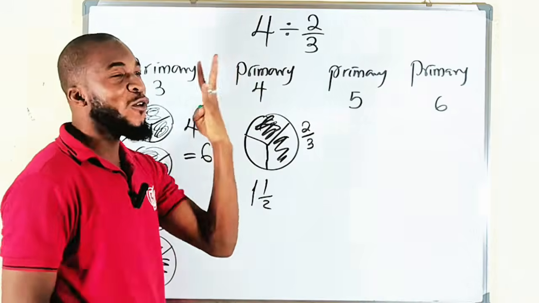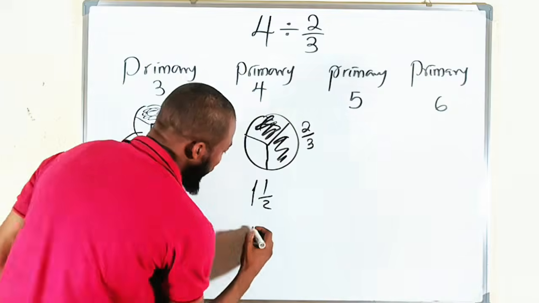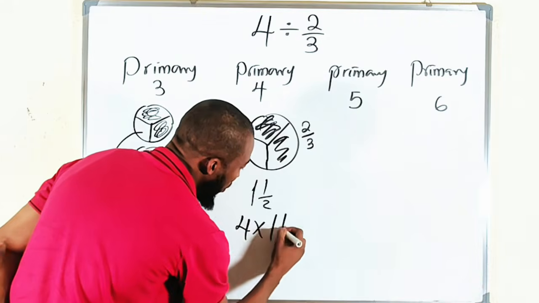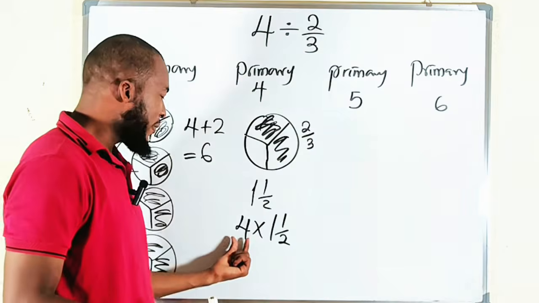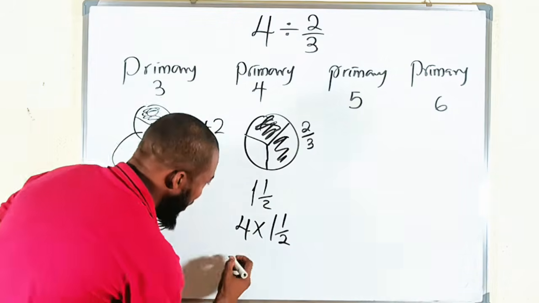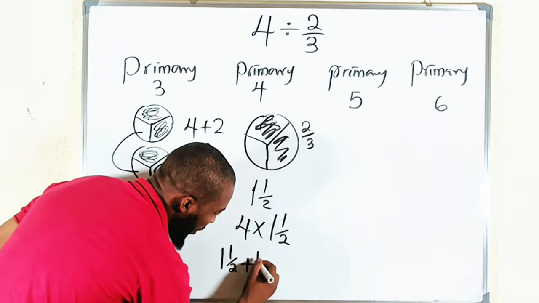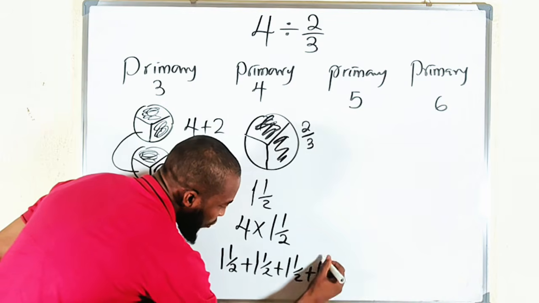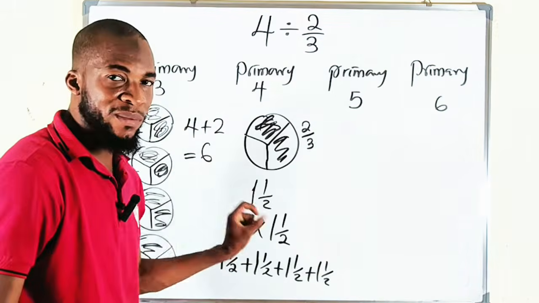But remember, we have 4 wholes, not a single whole. So to get the total, after simplifying, it will be 4 times 1 over 2 of this 1 whole number. And remember that 4 times this, because multiplication is another series of addition, you can take 1.5, plus another 1.5, plus another 1.5, plus another 1.5 in 4 places. 1, 2, 3, 4 is the same thing as 4 times this.